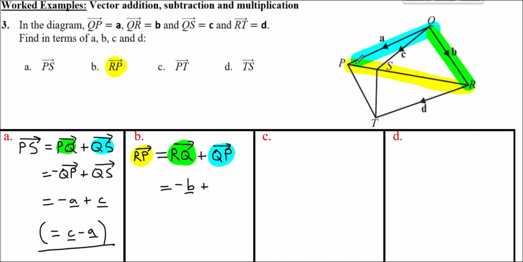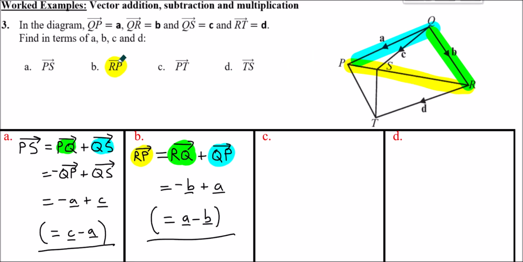From Q to P, that's vector A. It's along the same road in the same direction, so we just call that A. And then we're done. That's it, just minus B plus A. But like I said here, we normally write the positive vector or vectors first, so call that A minus B.